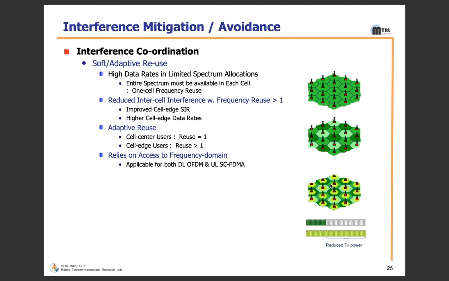Similar cases for the light green, and then the bluish green, I think this one is also used farther away but not in the close neighbors. So at the edges the frequency is different, but at the center it is the same frequency. And these three techniques can be used for interference coordination.